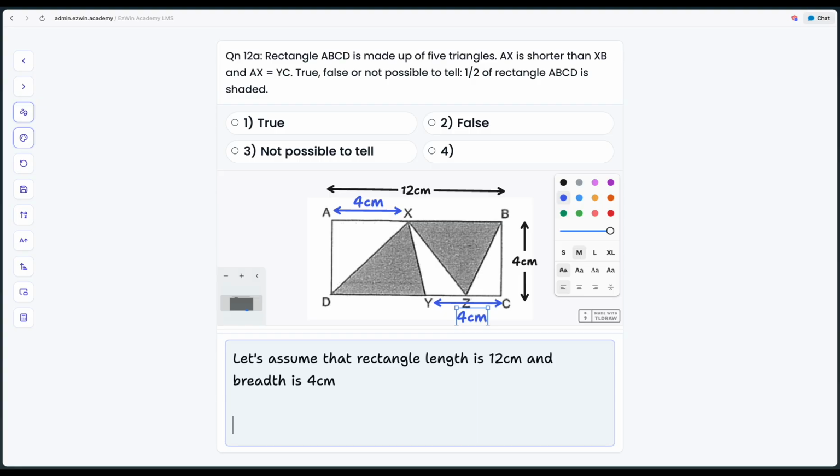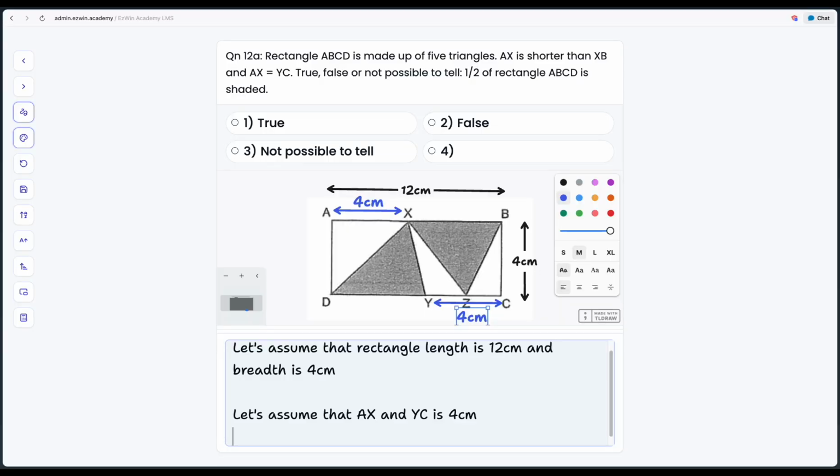So let's assume that AX and YC is 4 centimeters, which means that XB and DY is 8 centimeters. And this is true, right?